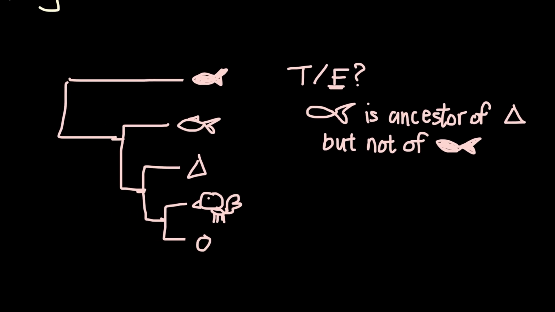True or false? So first of all, the answer is false, because the ancestors of triangle are these nodes. These are the common ancestors. So you can't really say blackfish is the ancestor of triangle, because this node is the ancestor.